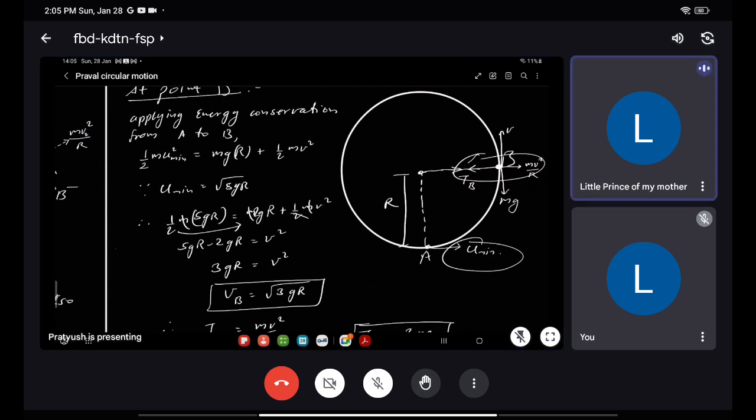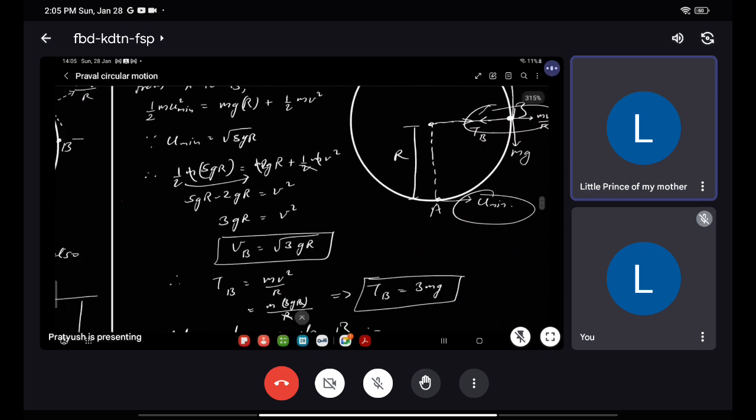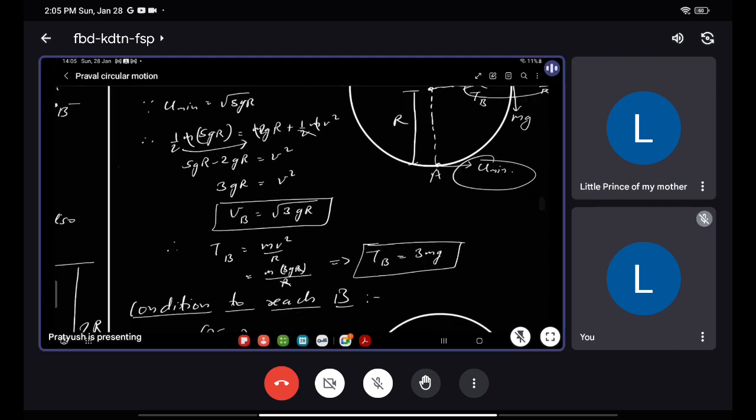Sir, here we are applying energy conservation because there is no external force acting on the body, we can say. Yes, that's right. And what will be the tension?